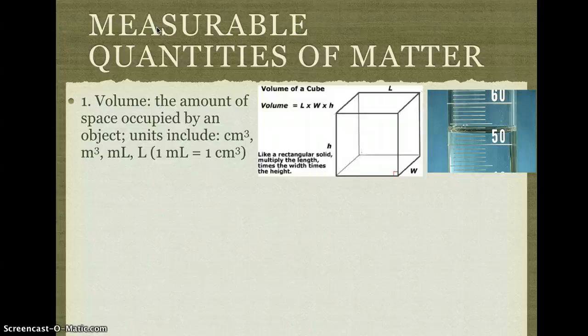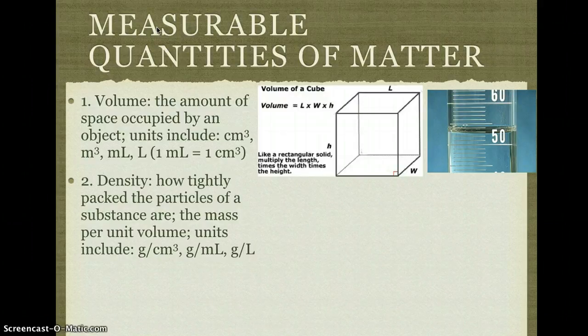So if it was in much larger containers, you might go with liters, but more commonly it's a milliliter. And in parentheses there you have a unique conversion rate. A milliliter is about the same as a cubic centimeter. It is mostly between liquid and solid, close enough that we can call that an equality.